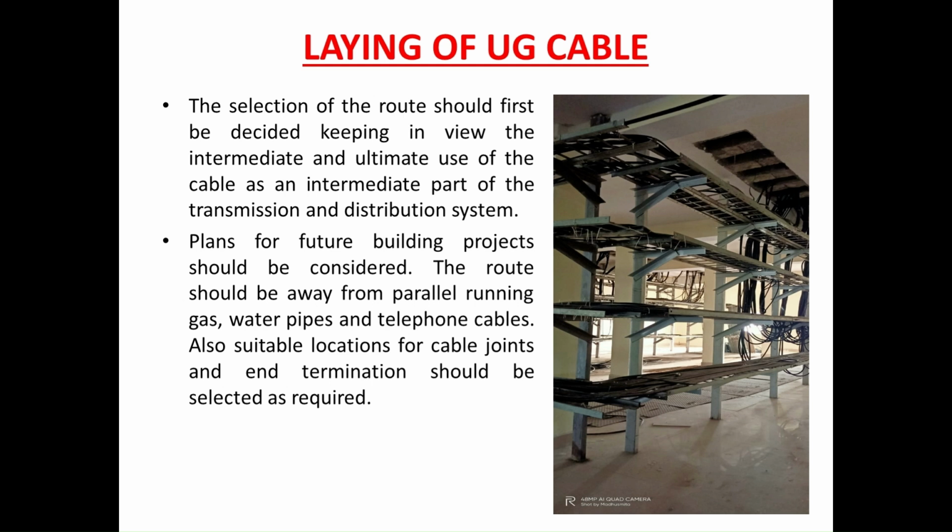For safety, it should be away from running gas pipes, water pipes, telephone cables, and cable joints and end terminations should ensure maximum safety, because they carry electrical power and signals which, if disturbed, can lead to a catastrophic failure.